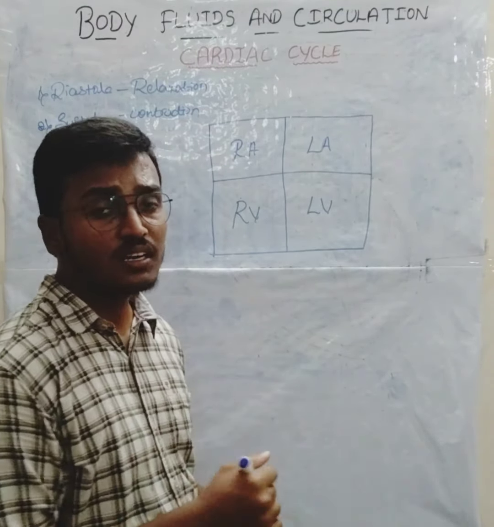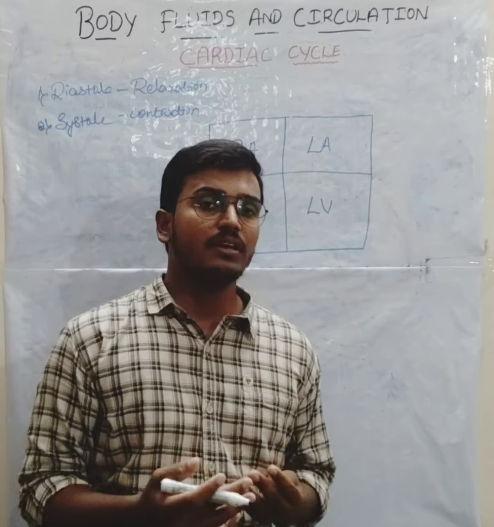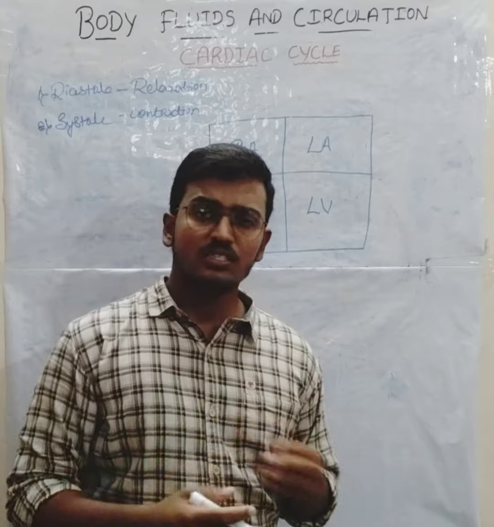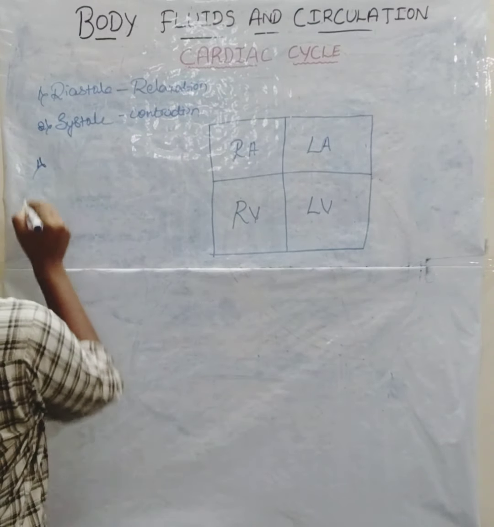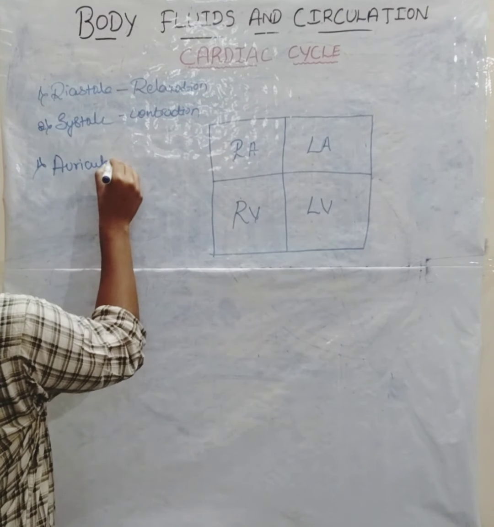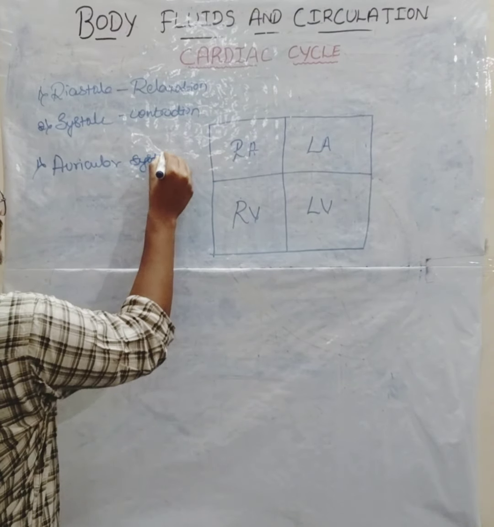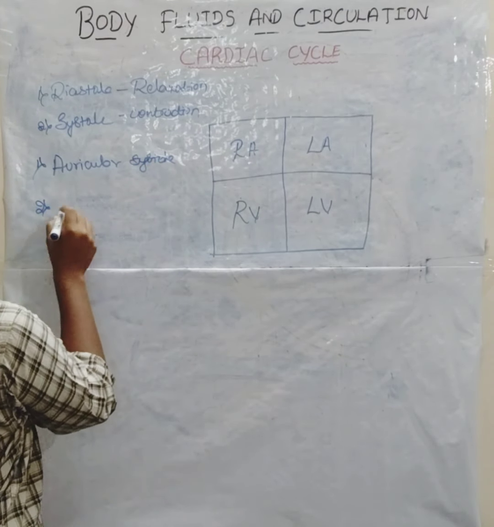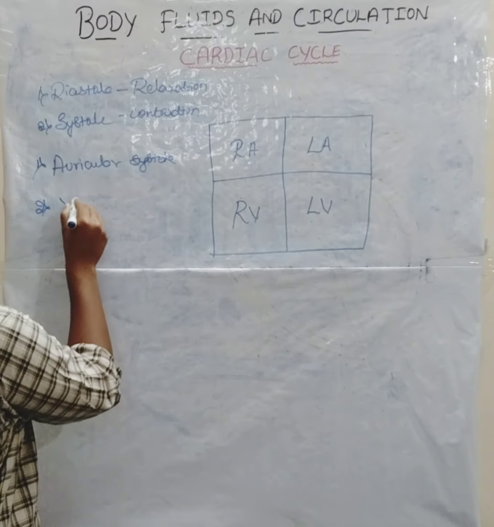We need to understand how the cardiac cycle is taking place. We can write it from anywhere because it's a cycle, we can start from anywhere. So I'll be starting with auricular systole, it is the stage. The second one is the ventricular systole, since we have auricles and also ventricles.